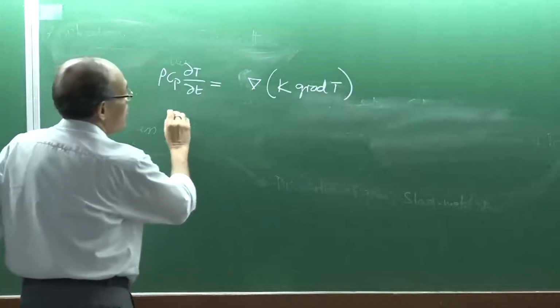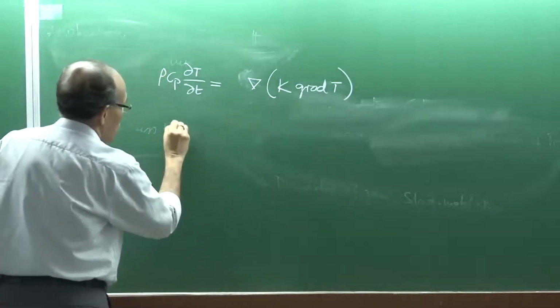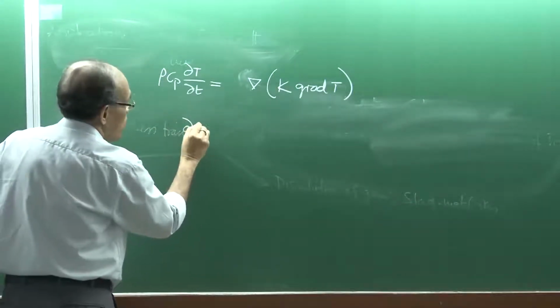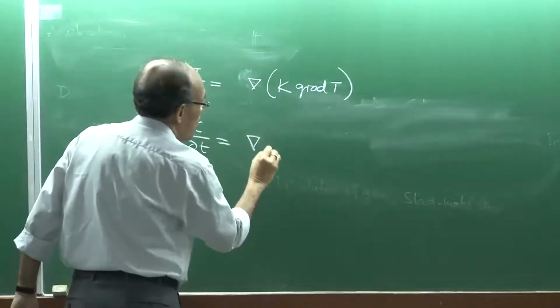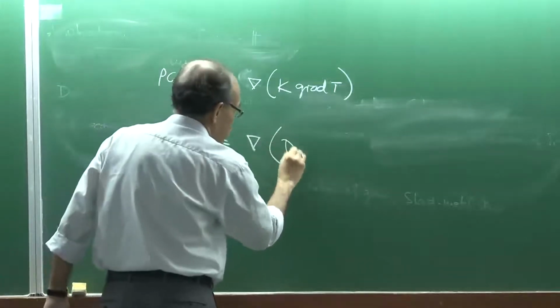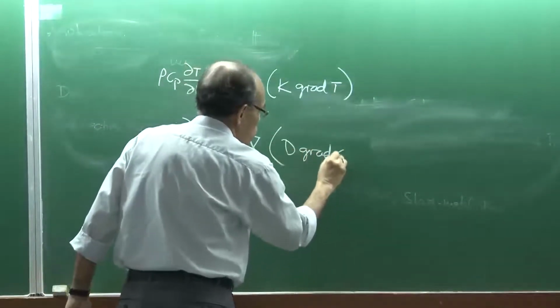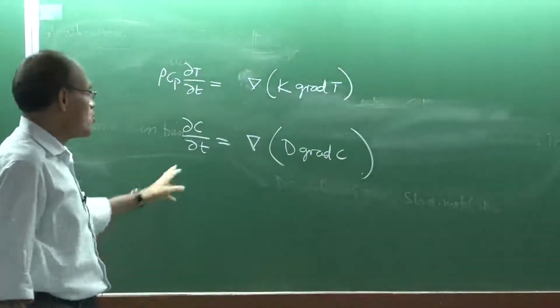Then we have mass transfer, and then we have d gradient C. This is the carbon concentration.